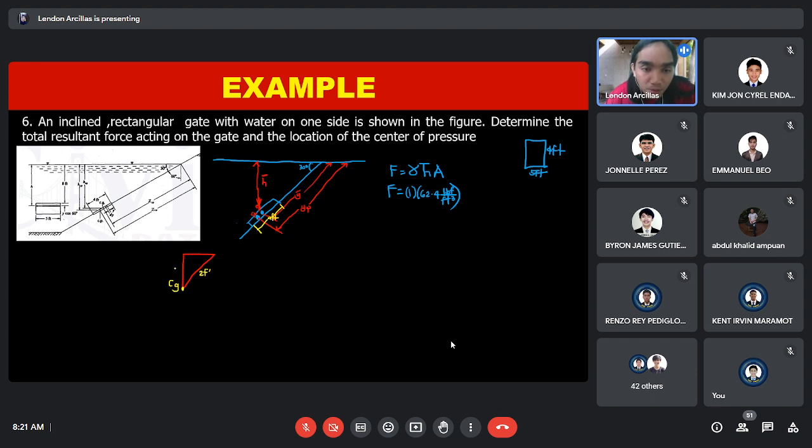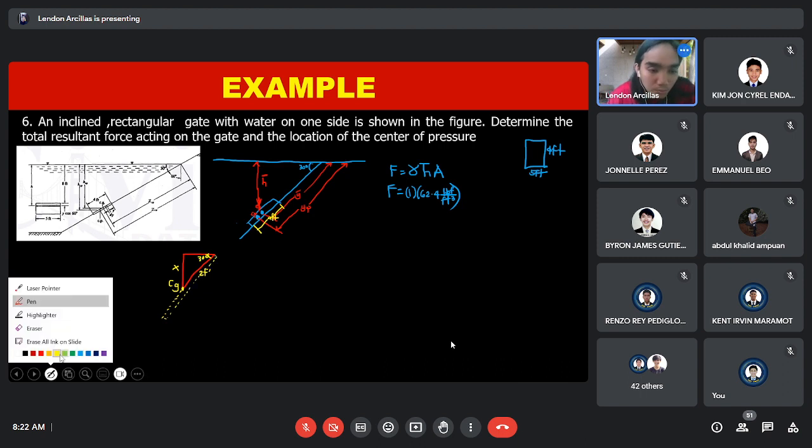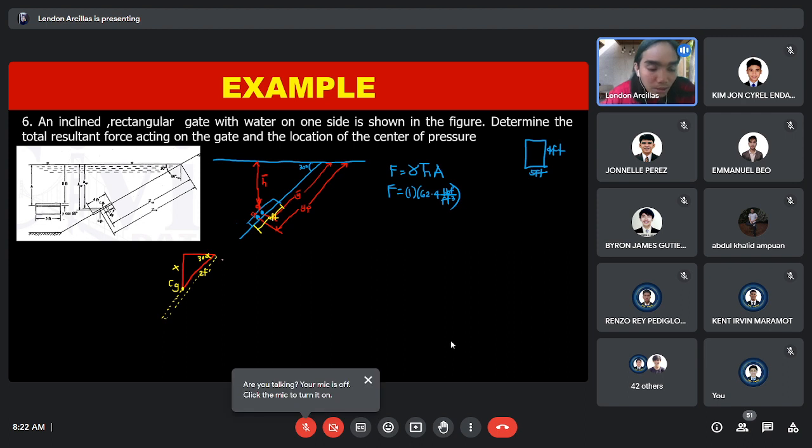Kinuha ko lang yung half ng rectangle. To find this one, kukunin natin yung itong X na to. And this one is 30 degrees. Again, this is the half of the rectangle. Okay. So, this is sine 30, opposite over the hypotenuse.